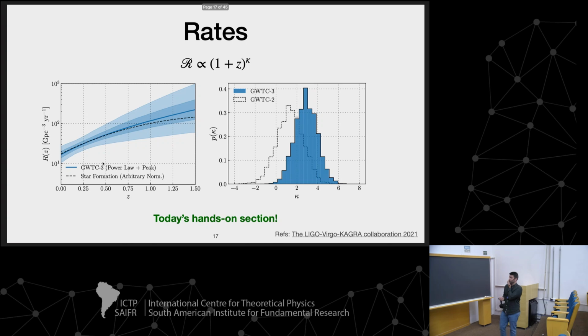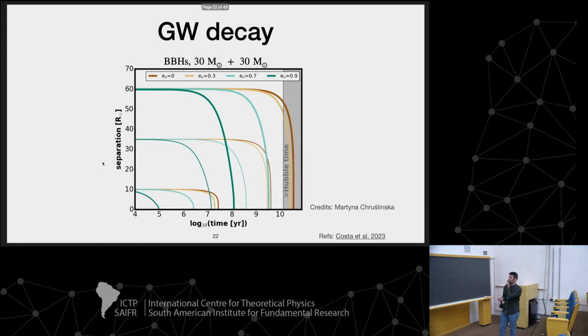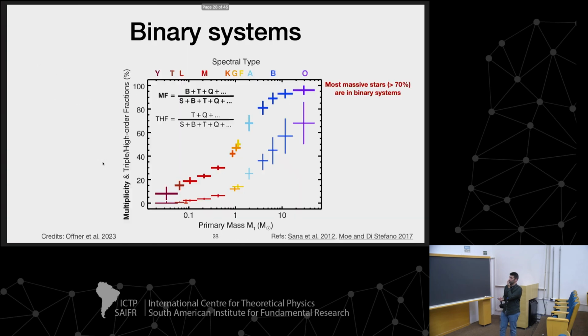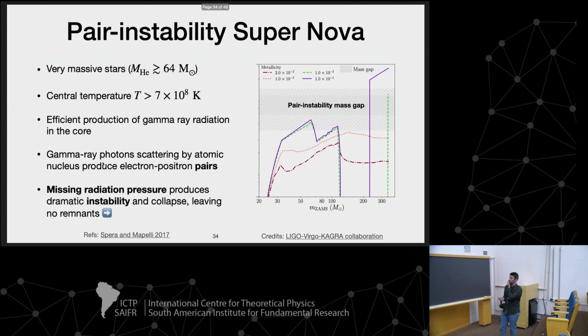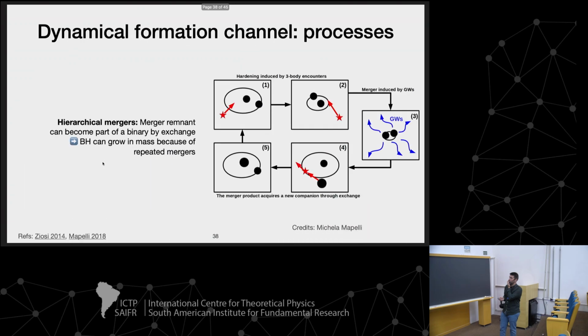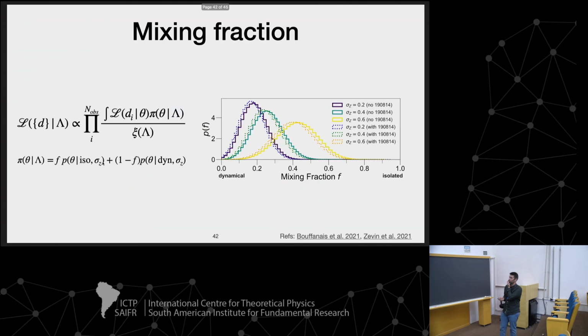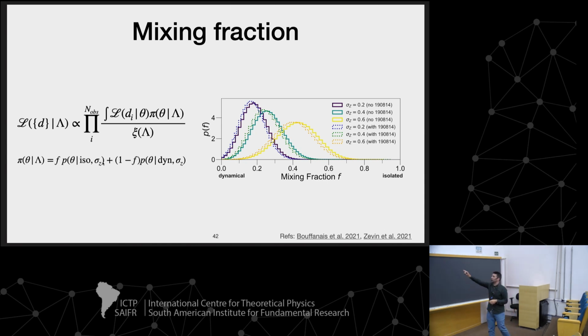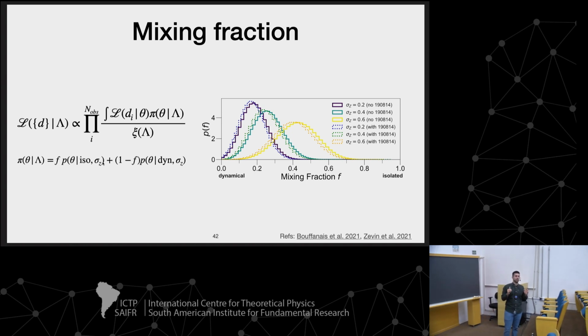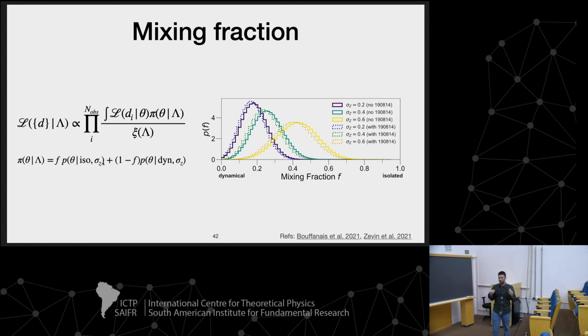So I really suggest you have a look at this. What we did a couple of years ago, we took into account just 2 formation channels. But in this paper here, Zevin and collaborators 2021, they wanted to have the full picture that you were talking about. They took into account the hierarchical formation channel, dynamical formation channel, chemically homogeneous, if I'm not wrong.